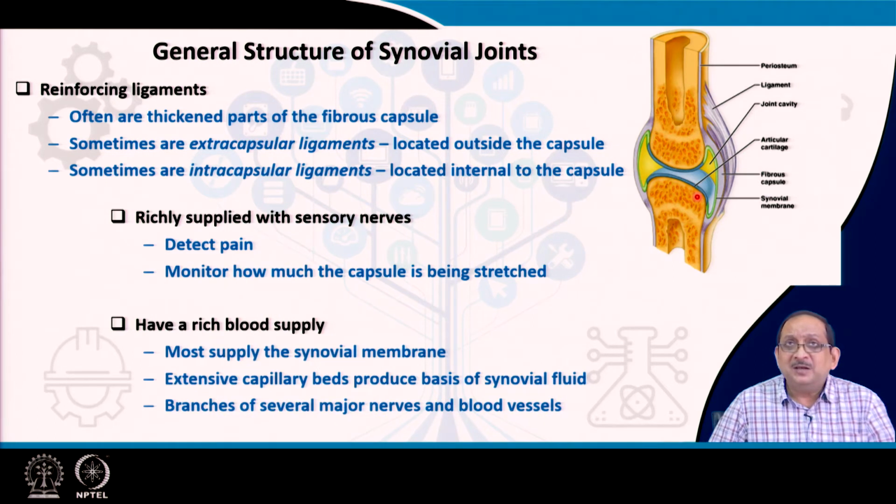The synovial joints also have a rich blood supply, mostly to the synovial membrane. Extensive capillary beds produce the basis of synovial fluid, and branches of several major nerves and blood vessels supply the joint.